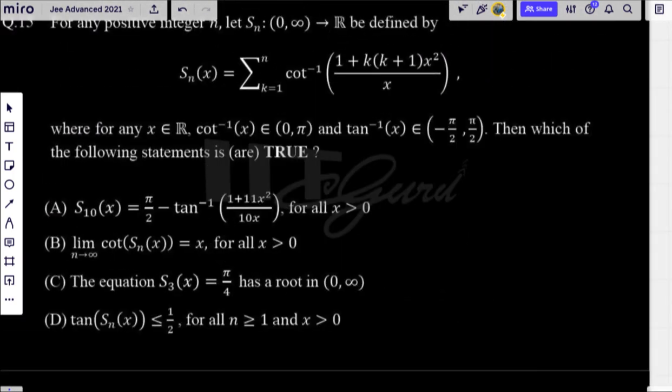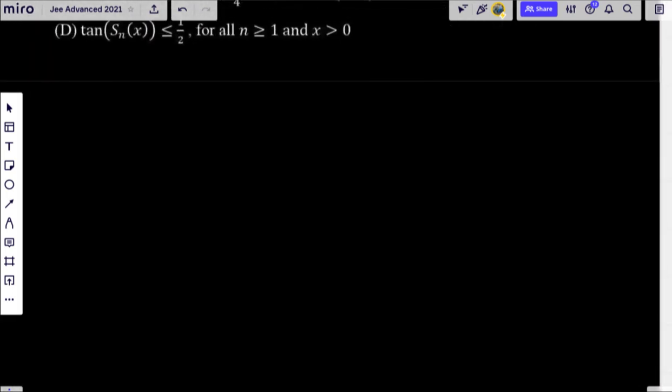As you can see, Sn of x, what you will write is sigma of k equal to 1 to n. For tan inverse, you have to make it reciprocal, so that x will be in the numerator, and what is the numerator now goes in the denominator. That is what we are going to write over here.